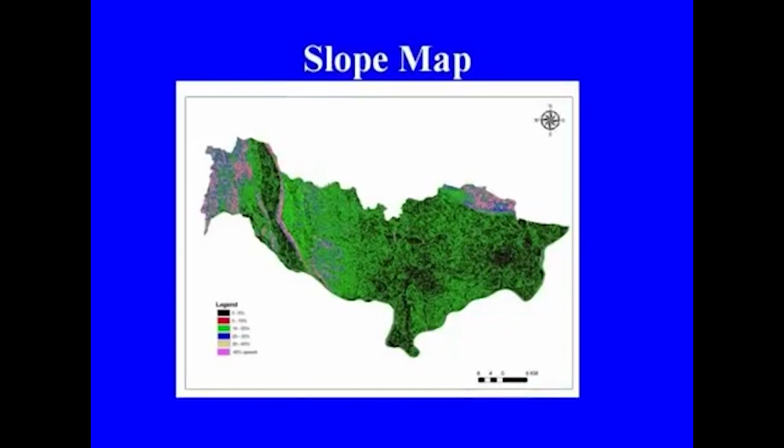Based on the spot levels and the contour maps, a DEM was generated, and based on the DEM generation, the secondary product of slope map was created. Here the slope has been identified in 6 different categories: less than 5%, 5 to 15%, 15 to 25%, 25 to 35%, 35 to 45% and greater than 45%.